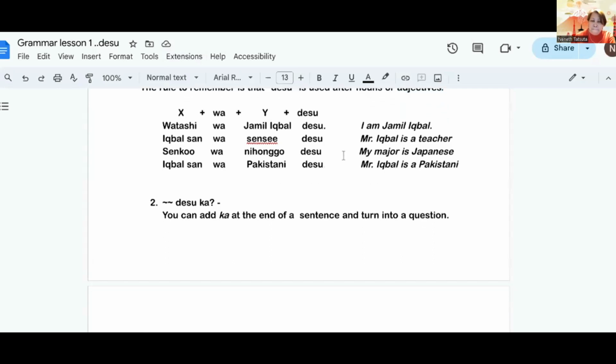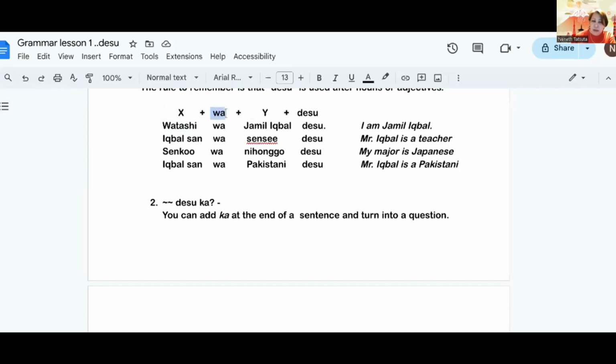So for example, a simple sentence like your Jiko Shokai: Watashi wa Jamil Iqbal desu. I am Jamil Iqbal. In this case, watashi is the X followed by a particle. Particle wa is a topic marker or subject marker. We are going to discuss the particles later.